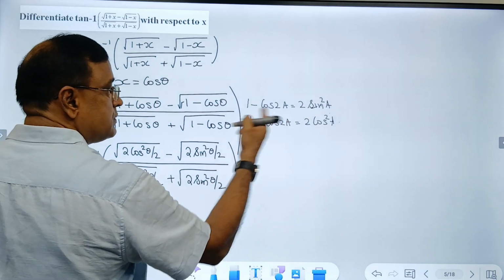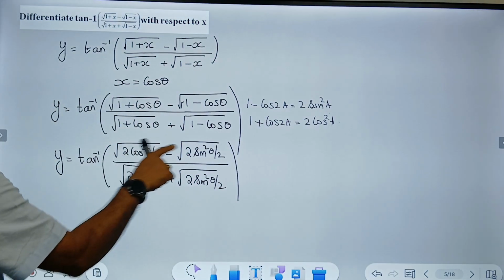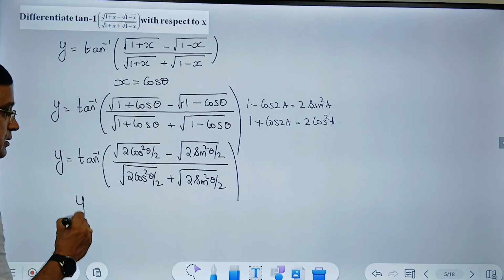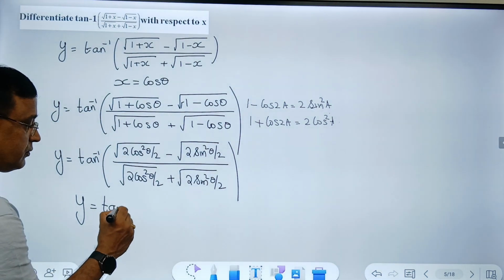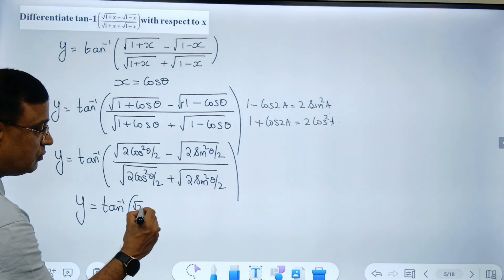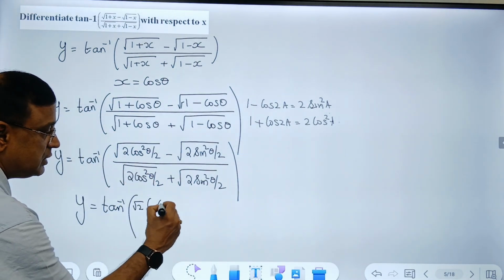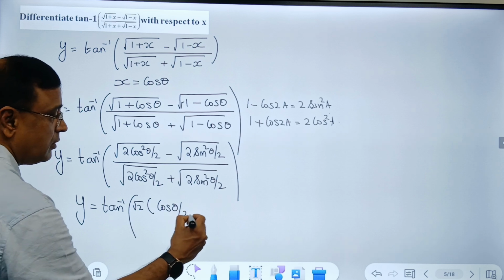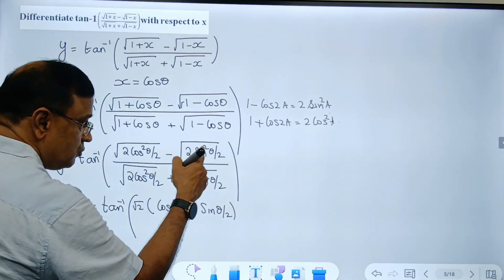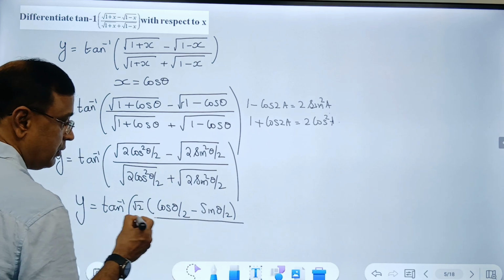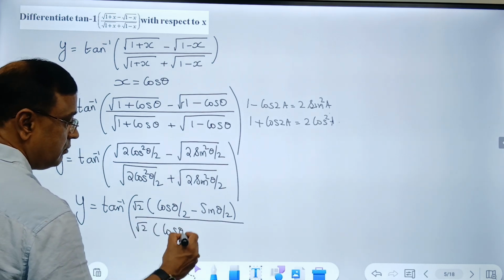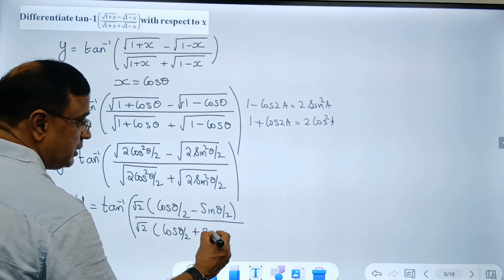I just apply this formula here. And you see clearly root 2 is common throughout, root 2, which can be cancelled. So I get tan inverse of, clearly you can take out root 2. This is cos theta by 2 minus sin theta by 2. I am removing the root, okay, divided by, you can say root 2 is common. You have cos theta by 2 plus sin theta by 2.